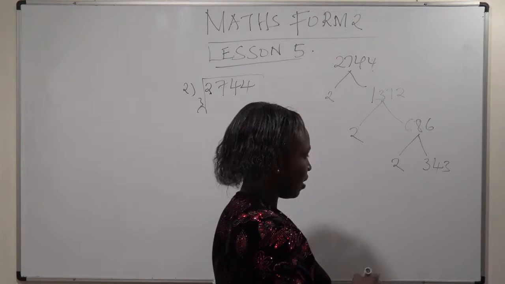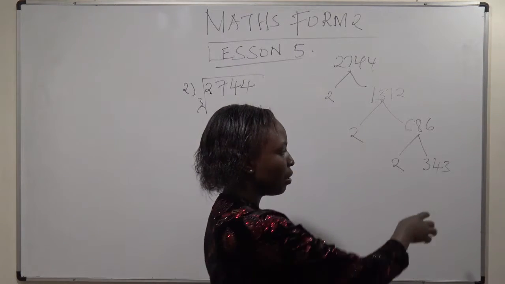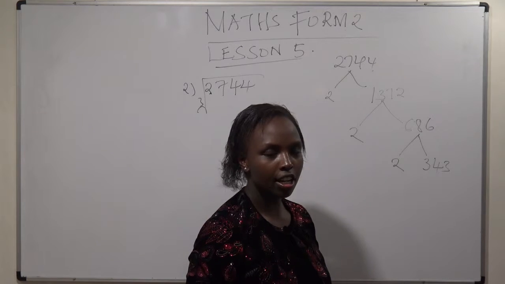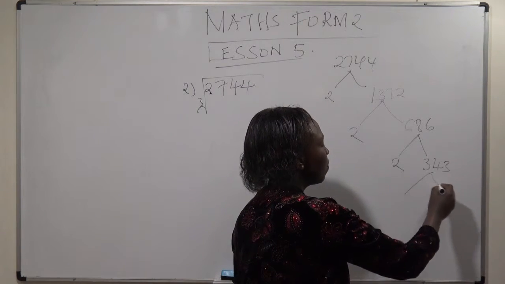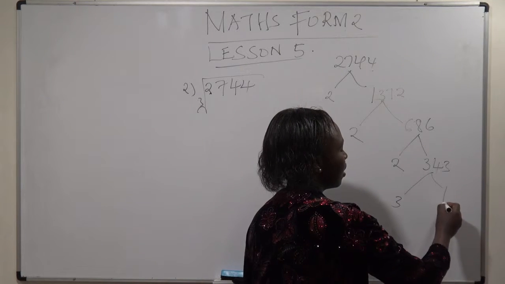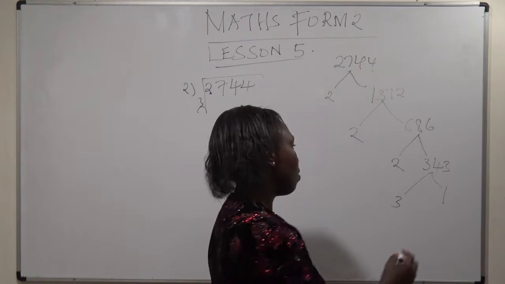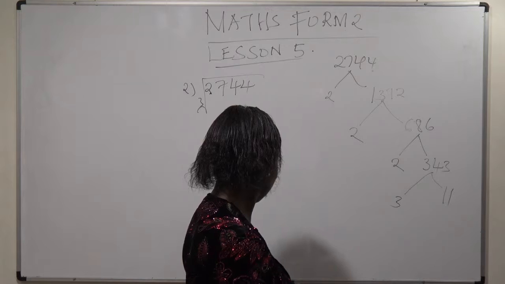Then 343. Not divisible by 2 anymore, because you can see the last digit here is a 3. So we go to 3, and by 3 you get 1, because of 3, then 1 once again, not possible.